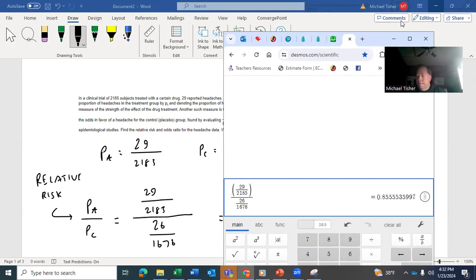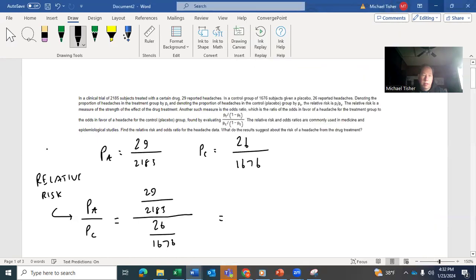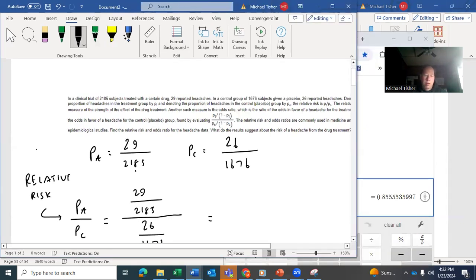It looks like we get 0.855553597. Okay, let's find the odds ratio.